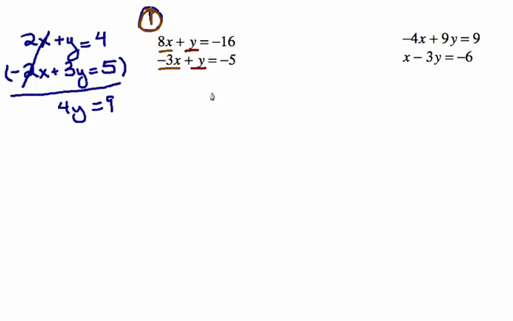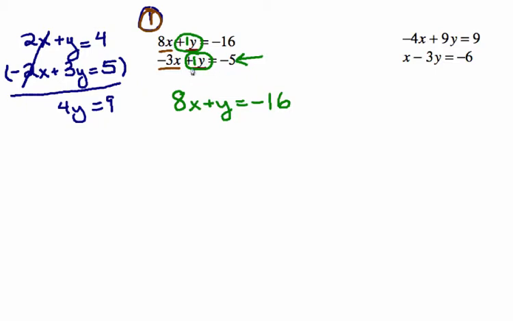So we're going to have to do a little bit of manipulation of these equations before we can do elimination. I'm going to take the y terms because they have the same absolute value coefficient of positive 1, and I'm going to change it so that the coefficient in the second equation is actually negative 1.